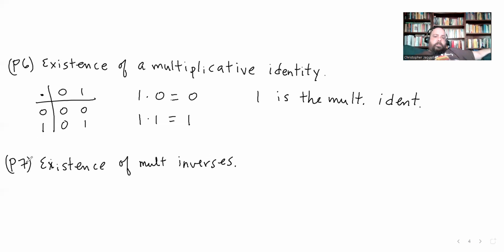Right, so the multiplicative inverse means that for any non-zero element, there's a number that, when you multiply by it, gives you the multiplicative identity. So the only non-zero entry here is 1, and 1 times 1 is 1. Okay, so there are multiplicative inverses.